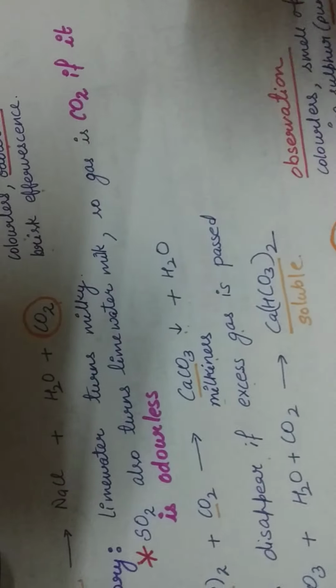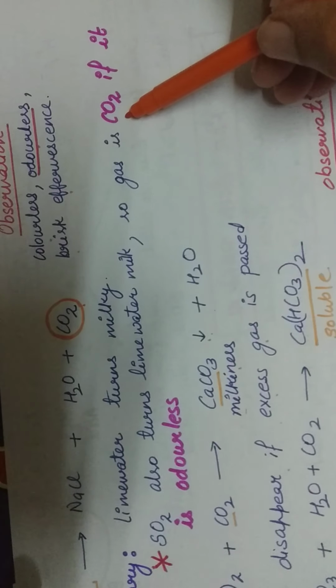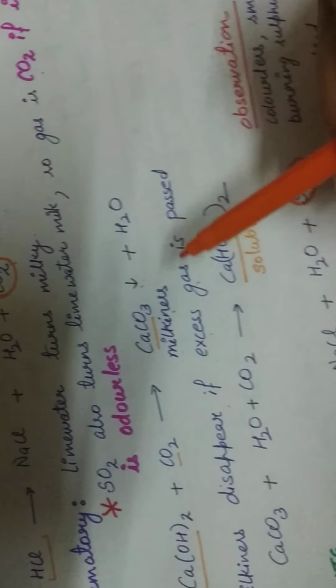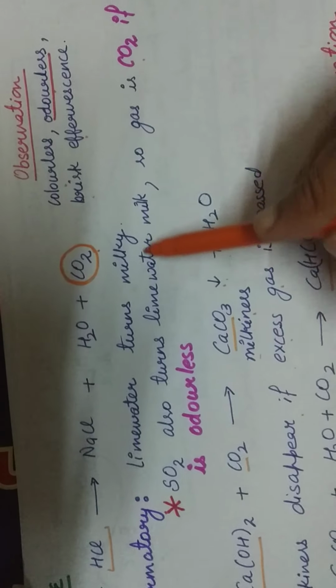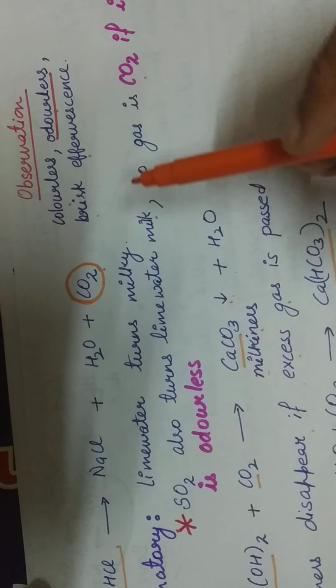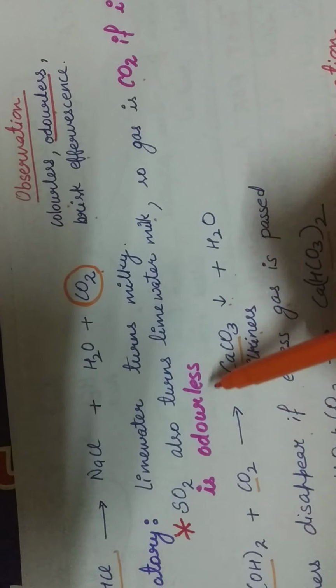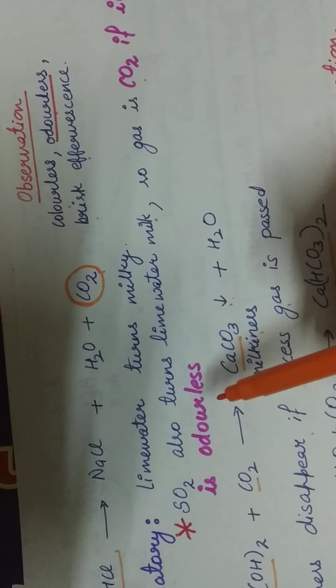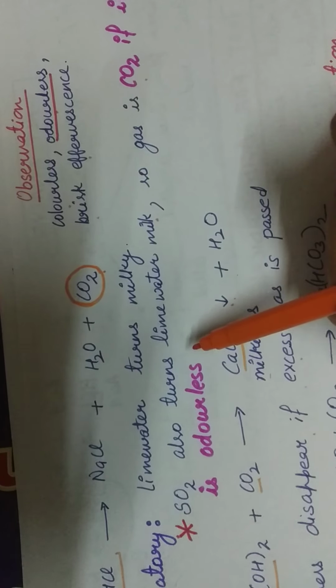Now one thing to keep in mind is that like carbon dioxide turns lime water milky, sulfur dioxide gas also turns lime water milky. So the gas is carbon dioxide if it is odorless. If it has the smell of burning sulfur, then it will be sulfur dioxide gas.